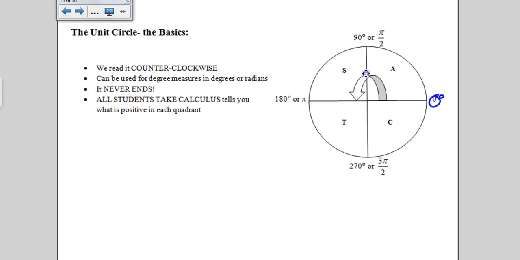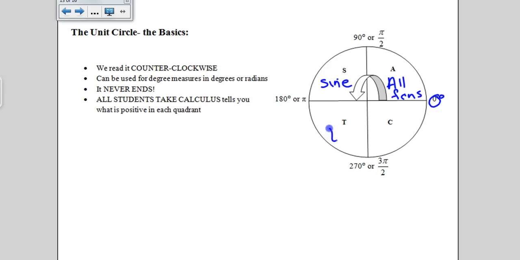All Students Take Calculus is a little mnemonic device that we use to memorize which trig functions are positive in which quadrant. Right here in the first quadrant it says A, and A represents all functions, meaning sine, cosine, and tangent, and all of their reciprocal functions, are positive in that quadrant. The S represents sine, so only the sine function is positive in that quadrant.